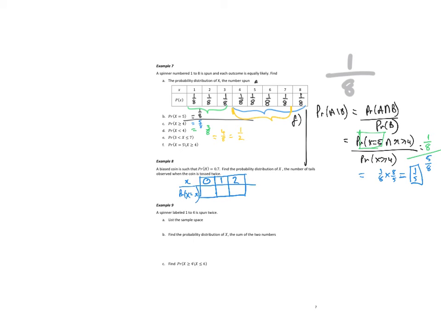All right, so what's the probability of 2 heads? It's just a head-head, 0.7 by 0.7, which is 0.49.